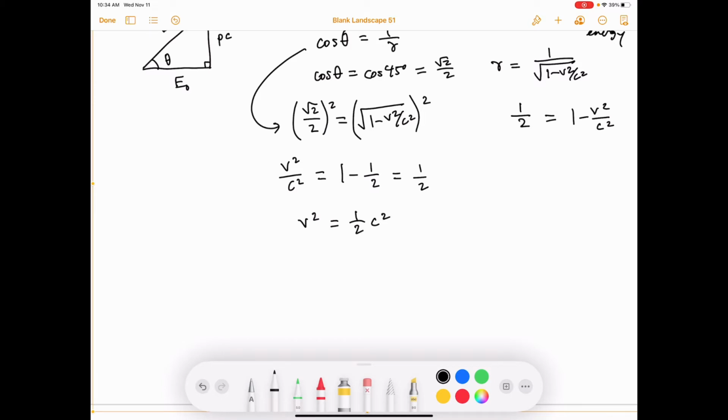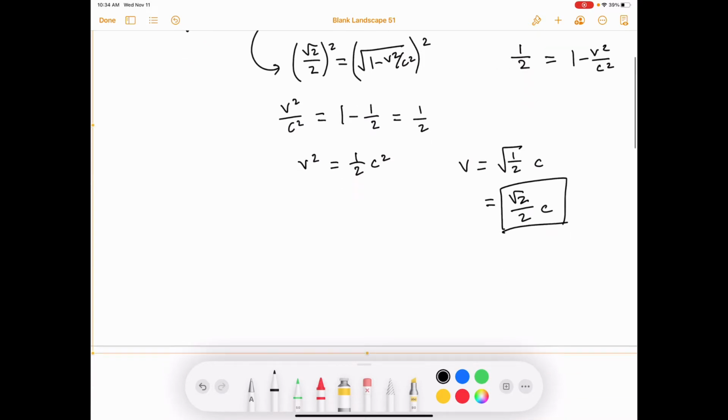Now we just need to take the square root of both sides to tell us that v is equal to the square root of a half times c, which is the same as root 2 over 2 times c, which is in decimal form about 0.707 c, or 70% of the speed of light, approximately. Okay, so that's how this works.